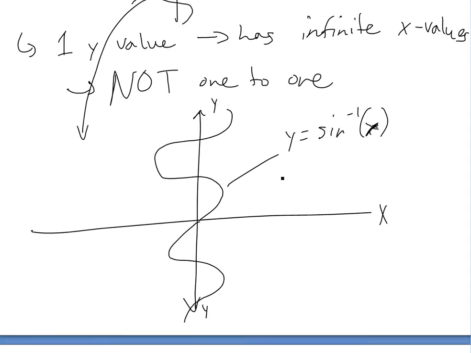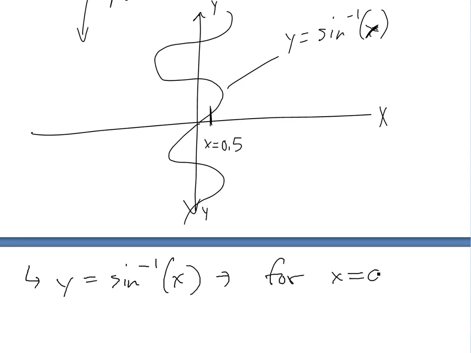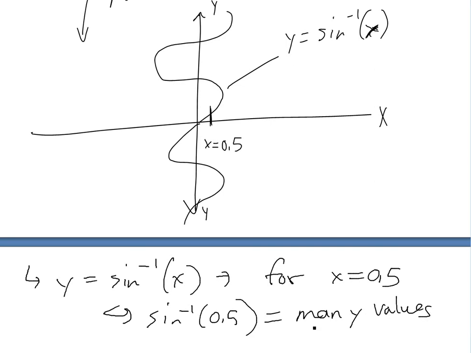But this is wrong. I'll show you why. Let's say x equals 0.5. If we graph y equals inverse sine of x, then for x equals 0.5, inverse sine of 0.5 equals many values. So it's not unique.